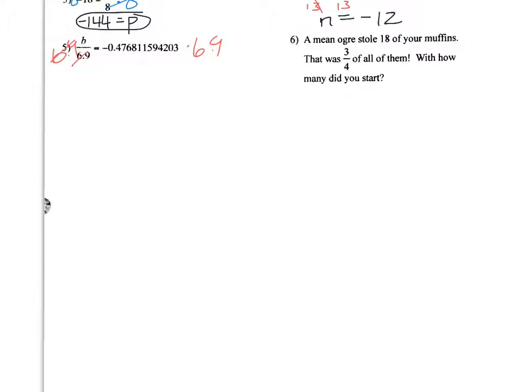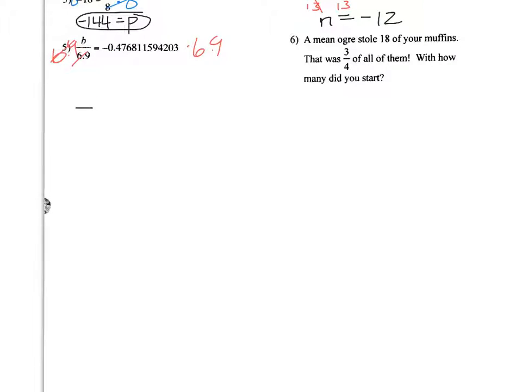So here we get this massive number. Remember, a positive times a negative would be a negative, so our final answer would be a negative. And if we look, this is almost a negative half. Half of 6.9 is like 3.4 something, and this is a little less than half.